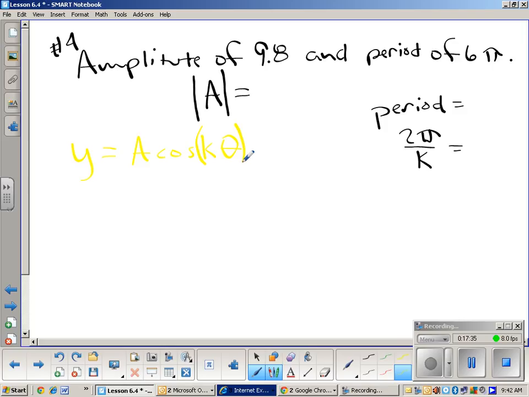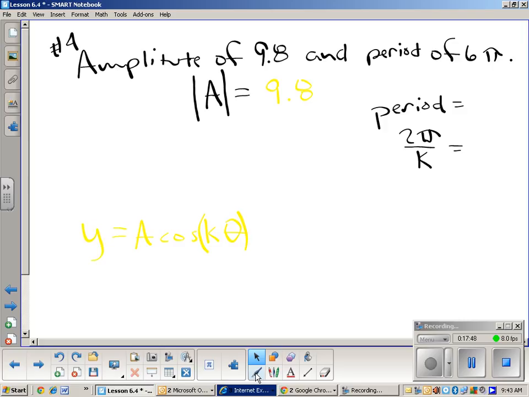Amplitude is 9.8. So the amplitude is equal to 9.8. And so that means A could be a positive number or it could be a negative number. We don't know yet, do we?